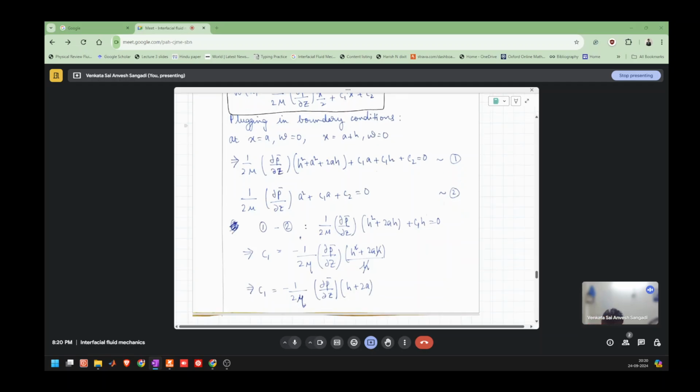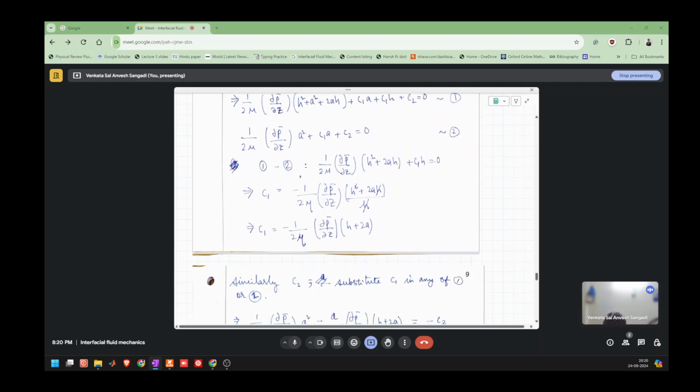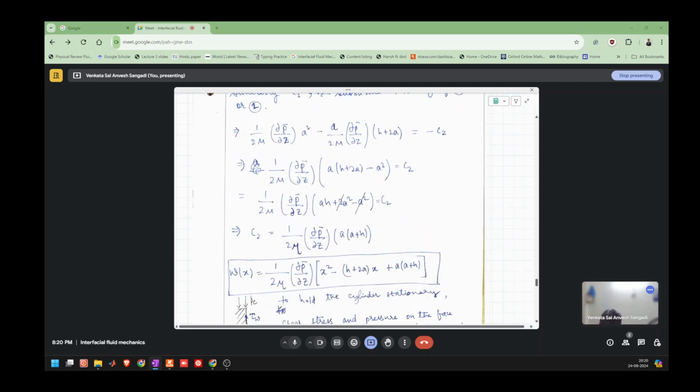Substituting both boundary conditions into the equation, we get the value of C1, which is this, and C2, which is this. Substituting back into the equation, we get the expression for w.